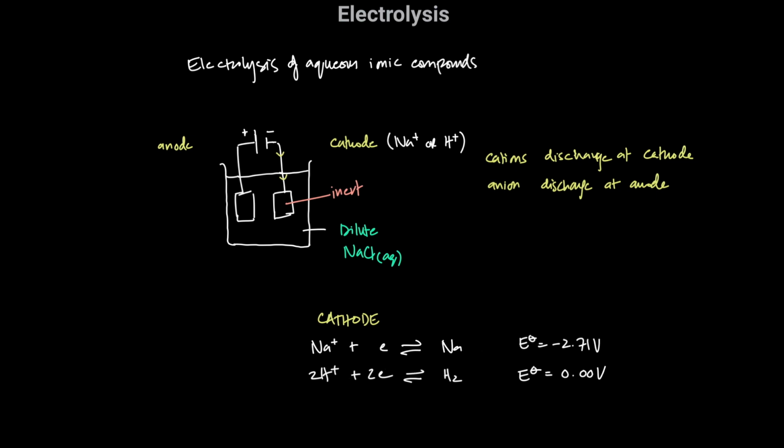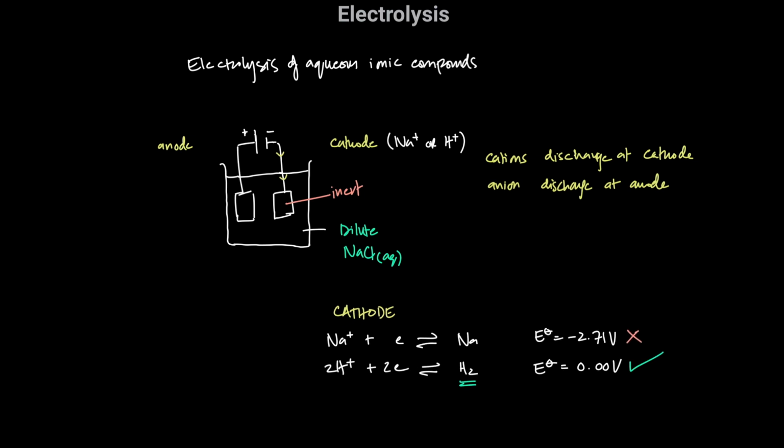That's a very significant difference, and the possibility of sodium discharging is next to none. Na plus is far less reactive, so the discharge of sodium metal is highly unfavorable, and your product at the cathode will be hydrogen gas.